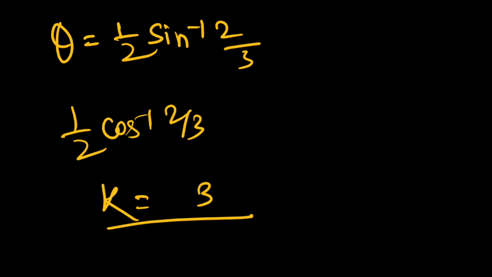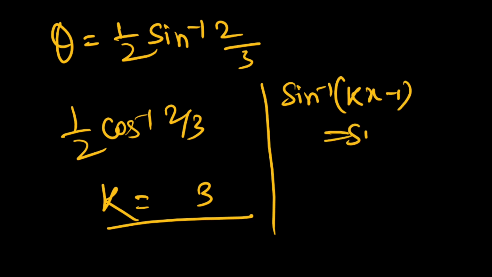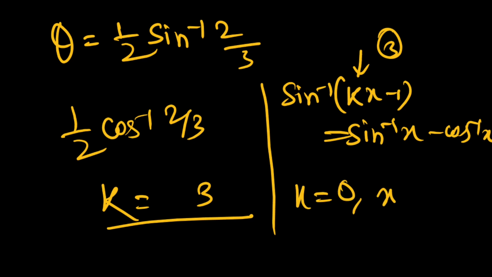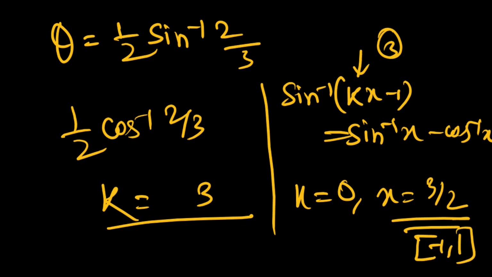Putting this in the equation sine inverse (kx minus 1) is equal to sine inverse x minus cos inverse x with k equal to 3, we got x is equal to 0 and x is equal to 3 by 2. 3 by 2 is outside the domain of sine inverse x and cos inverse x, that is minus 1 to 1, so this value is rejected. So x is equal to 0 is the only solution. Therefore the number of solutions of this equation is 1. So 1 is the correct answer.